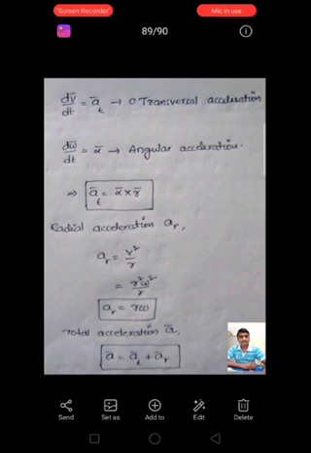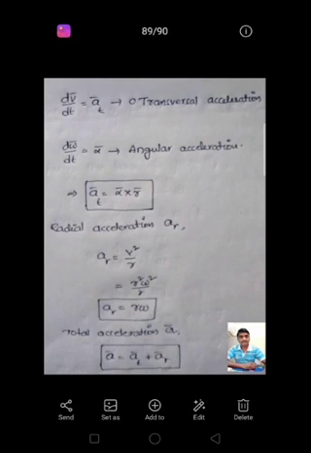So from this, dv by dt is equal to at, transversal acceleration, d omega by dt is equal to alpha, angular acceleration. From this, at is equal to alpha cross r, in the form of vectors.